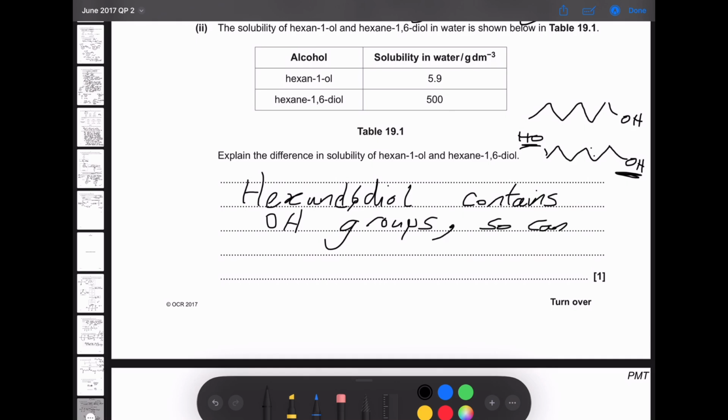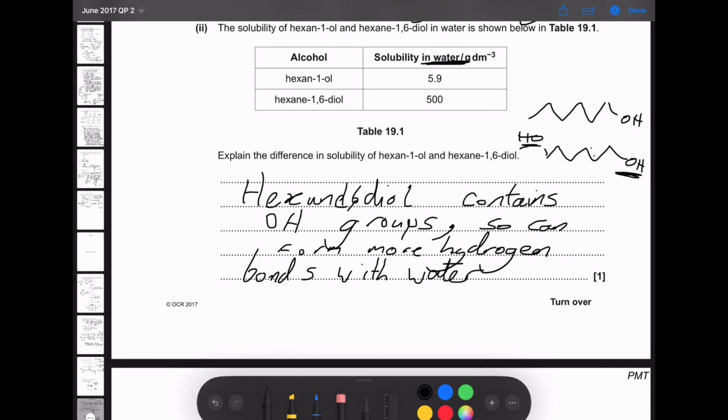So it can form more hydrogen bonds with water. Notice how they say solubility in water in the question, so make sure you put it in your answer.